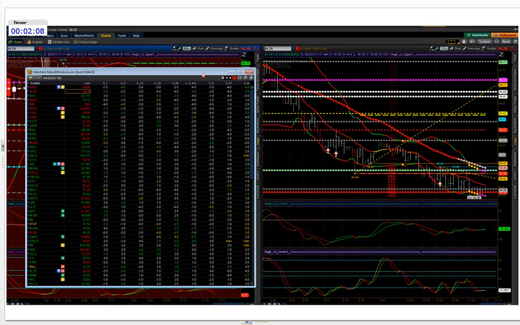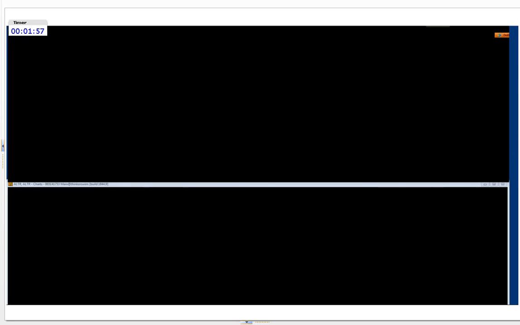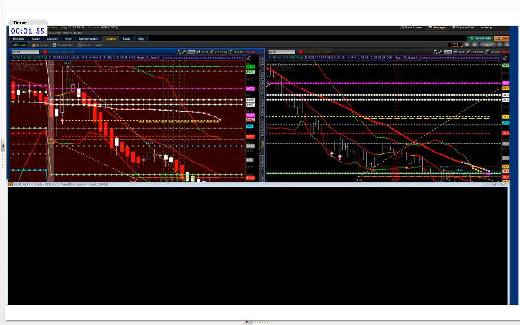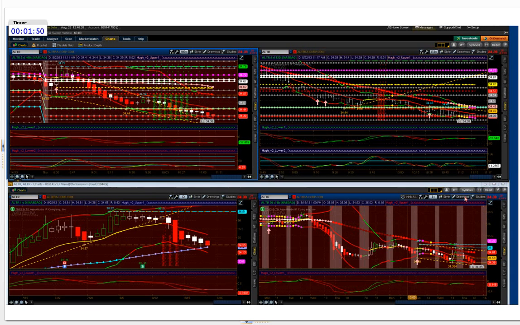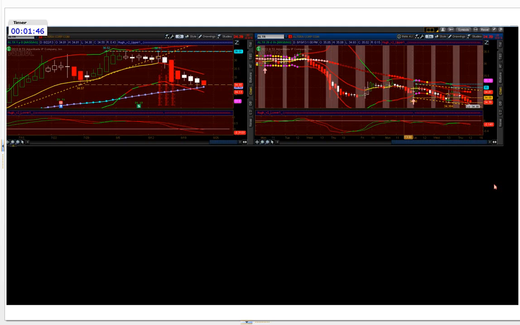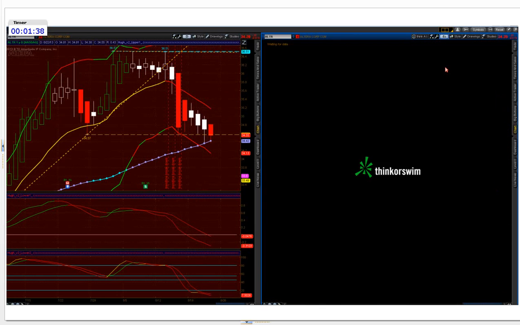So I'm going to pull up my other time frames that I use for my swing trading, and I'll show you that real quick. The charts below are the time frames that I like to use for my swing trading. This is ALTR, and I can pull this up to a 4 hour time frame here.